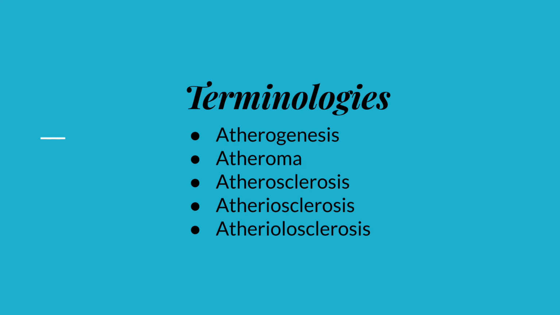Atherogenesis is the process of forming plaques in the tunica intima of the artery. An atheroma is a reversible accumulation of degenerative tissue in the intimal layer of the arterial wall.